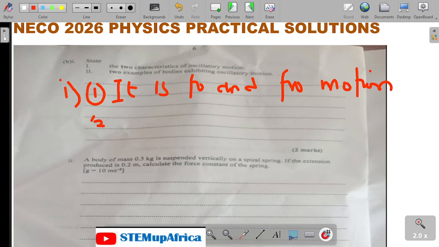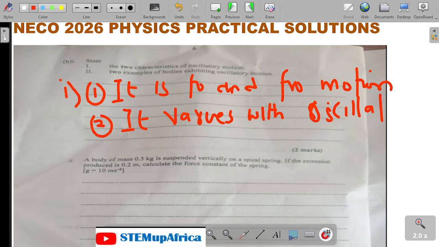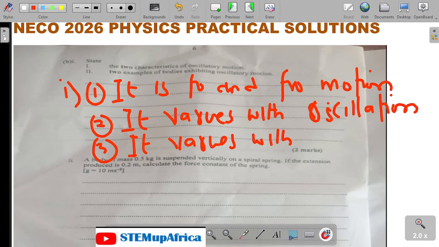That is one. Two, I can say it varies with oscillation. And 3 is also that it varies with time and period of frequency. You can use any one. Vary with time, period of frequency.